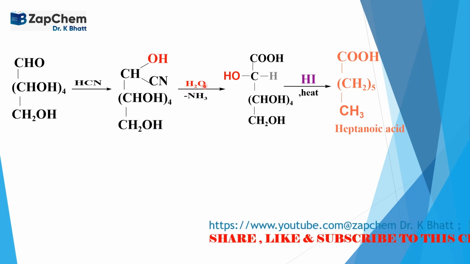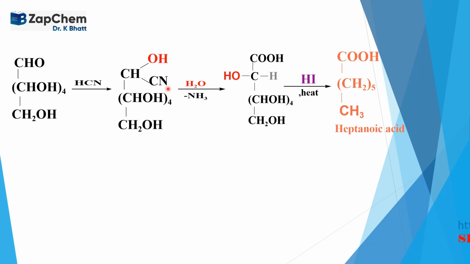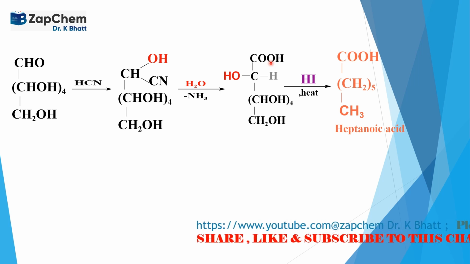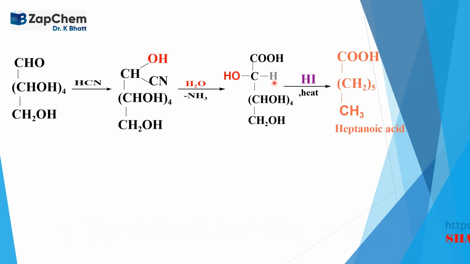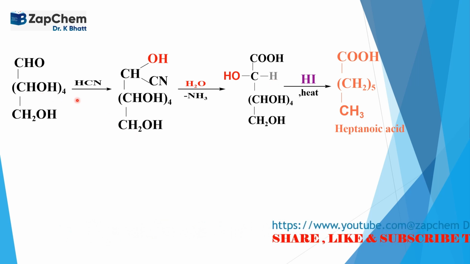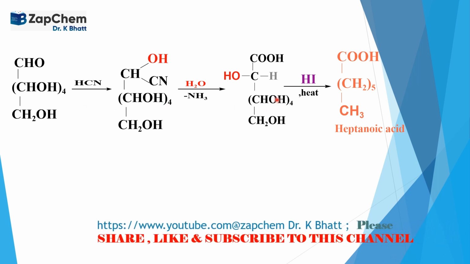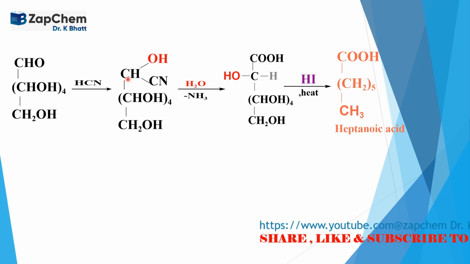This, when hydrolyzed, gives a carboxylic acid, that is, the cyano group on hydrolysis forms a COOH group, and the CHOH group remains intact. Thereafter, we find that there is (CHOH)4.